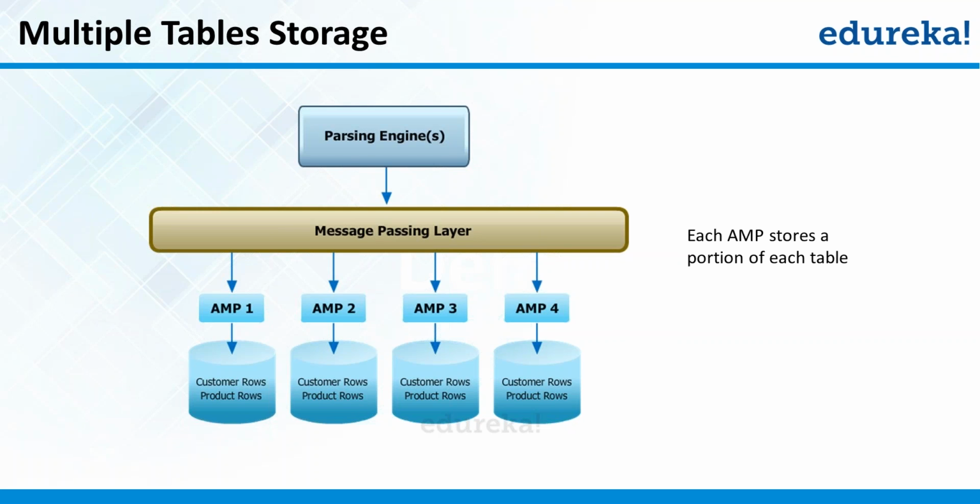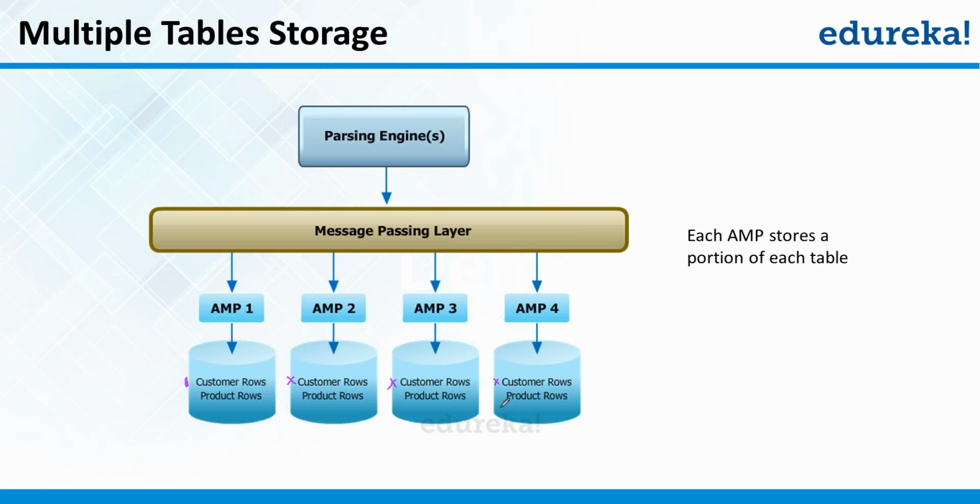When I say each table will have a footprint on the vdisk, think of it this way: if I have just one record, then I cannot have that in all the 4 disks, right? Say customer record 1 gets stored in this AMP. All of the others will have a header saying that the customer table is present. So there is an instance of this, but there is no data inside it.